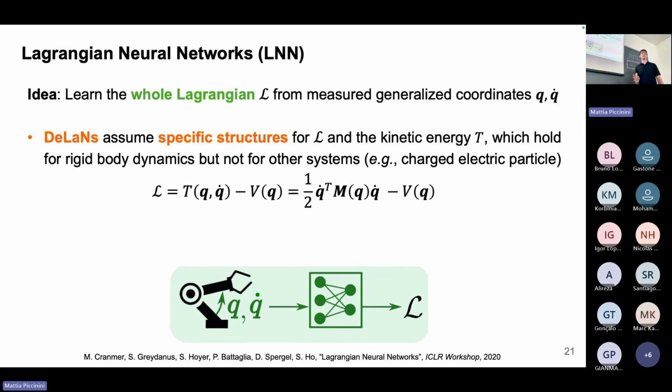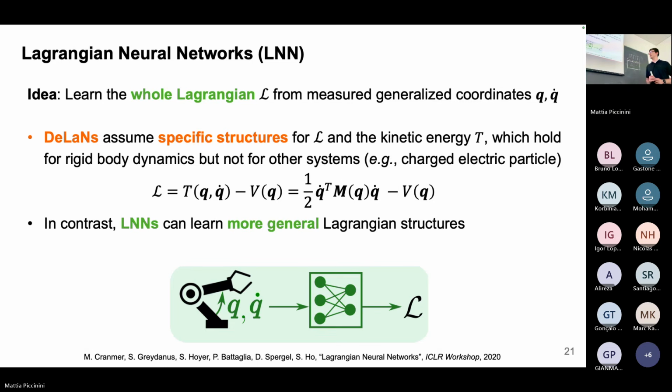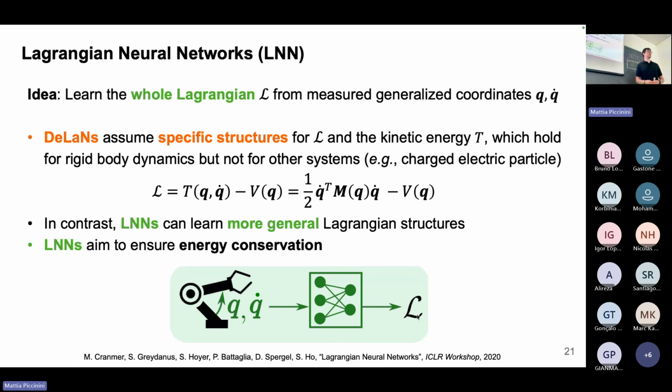It's a step back because you can apply it to different systems. Deep Lagrangians are only for robotics at the end, so in this case it's more general for the Lagrangian structure. And still we aim to preserve energy conservation, which is an important principle that with a traditional neural network you cannot enforce.